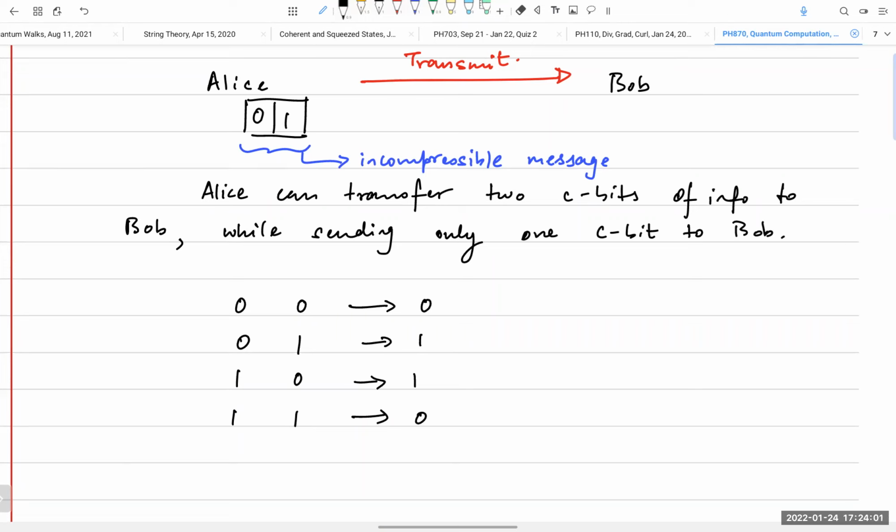So then Alice only needs a single bit, because the original data is compressible.